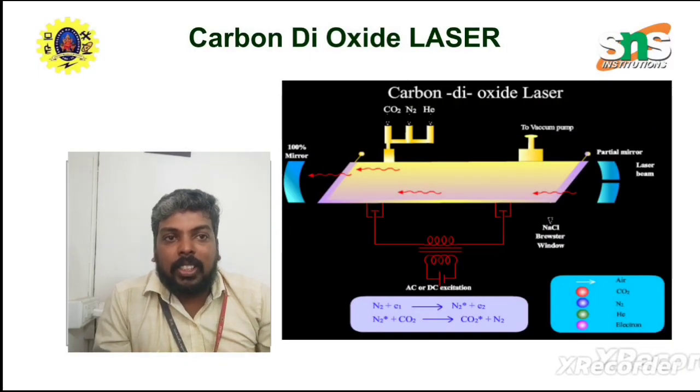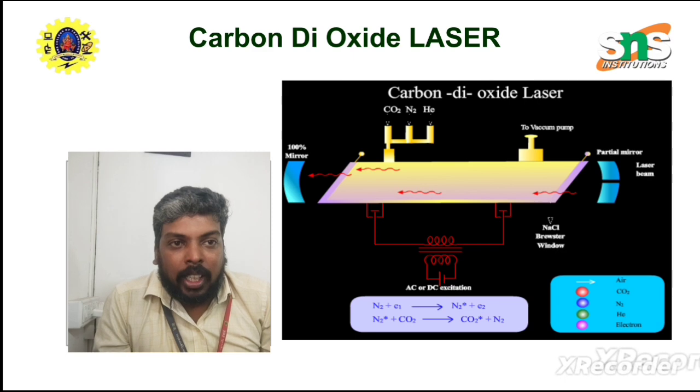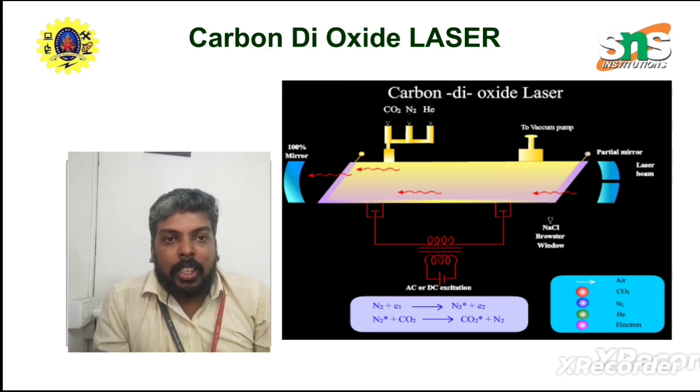This is the experimental setup of the carbon dioxide laser. In the container we have the mixture of carbon dioxide, nitrogen and helium, and the electric discharge method will be AC/DC excitation. We give energy to the container through the electric discharge.